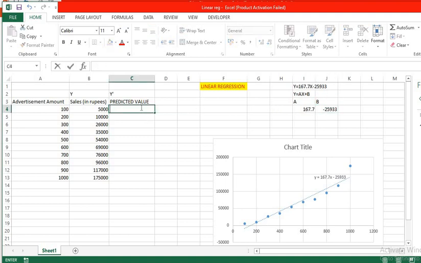For calculating the predicted value, equal to, substituting in this equation, 167.7x means ax plus b, right? So a is this value. I am selecting this cell I4 multiplied by x, which is in A4, plus b.